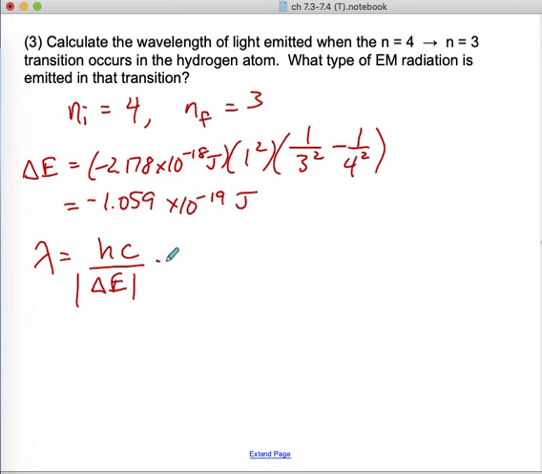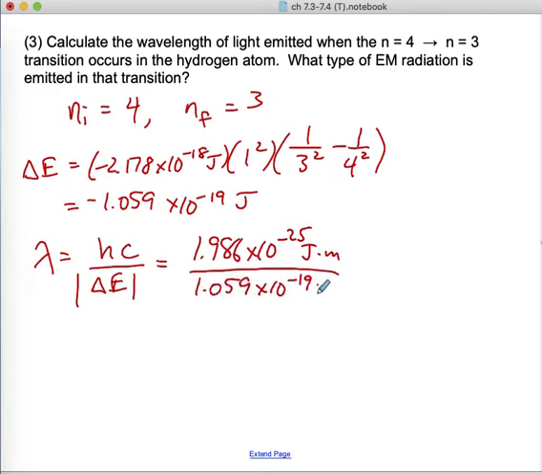Okay, now, I don't know about you, but I'm getting tired of writing out h and c each time, so I'm simply going to use the product of h and c and come up with my own constant, which has a value of 1.986 times 10 to the negative 25th joule meters. Divide that by my 1.059 times 10 to the negative 19 joules.